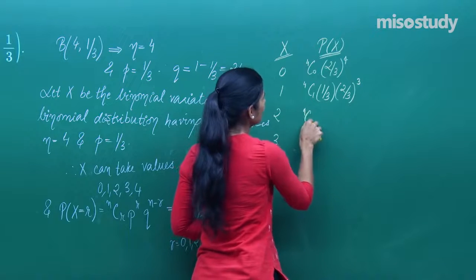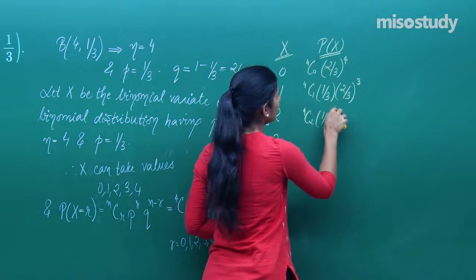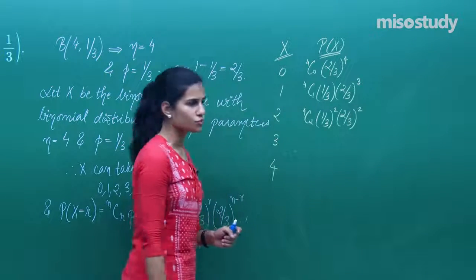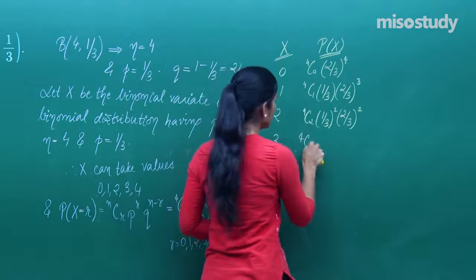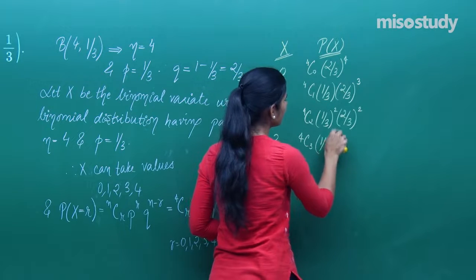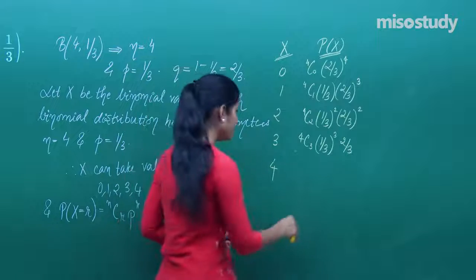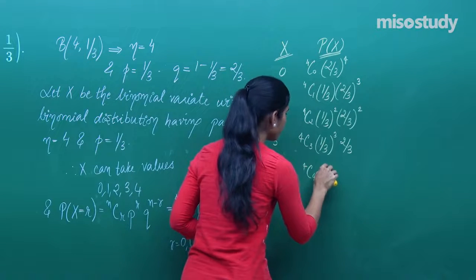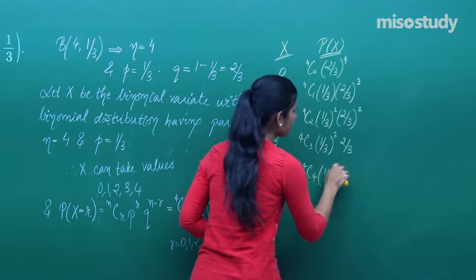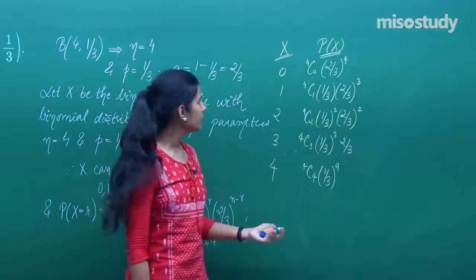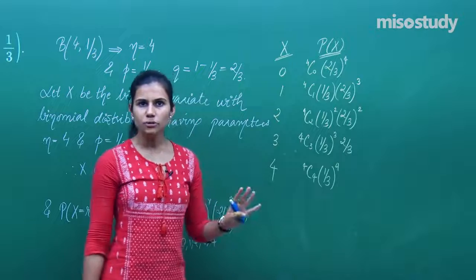Here it is 4C2, 1 by 3 to the power 2, 2 by 3 to the power 4 minus 2, that is 2. Here it is 4C3, 1 by 3 to the power 3, 2 by 3 to the power 4 minus 3, that is 1. And here it is 4C4, 1 by 3 to the power 4, 2 by 3 to the power 4 minus 4, that is 2 by 3 to the power 0, which is 1. This happens to be your binomial distribution completely.